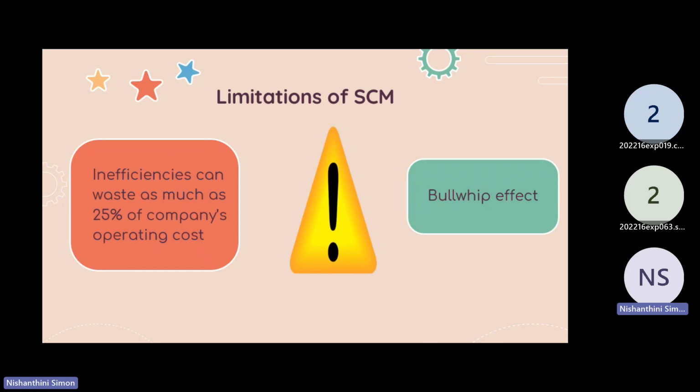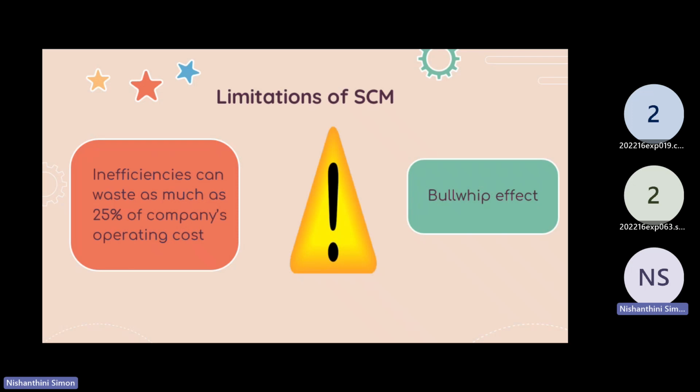That's what we are referring to as the bullwhip effect. If you can get a bullwhip, you can try, or maybe just use a long rope. So that's the normal physics happening: at the starting point small waves, and at the end bigger waves are created.